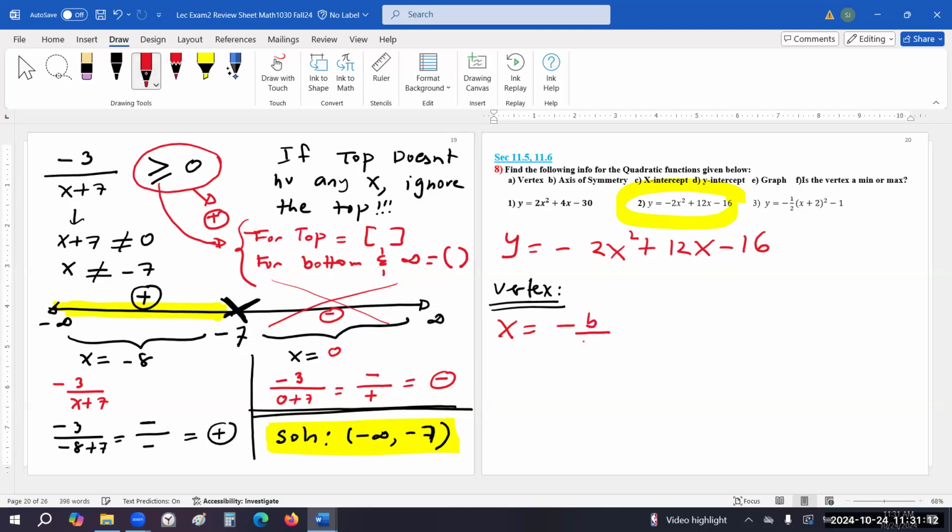Negative b over 2a. If you forget, remember your quadratic formula. The quadratic formula was negative b plus or minus over 2a. Your vertex is this, negative b over 2a.